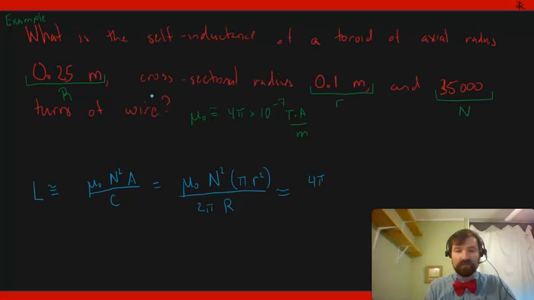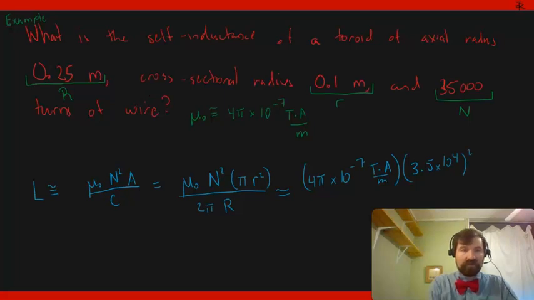So you've got your 4 pi times 10 to the negative 7 Tesla meter per amp times n squared. Let's call that 3.5 times 10 to the 4, squared. And then, of course, you have your pi. The pi's actually could cancel here. You got your r squared.